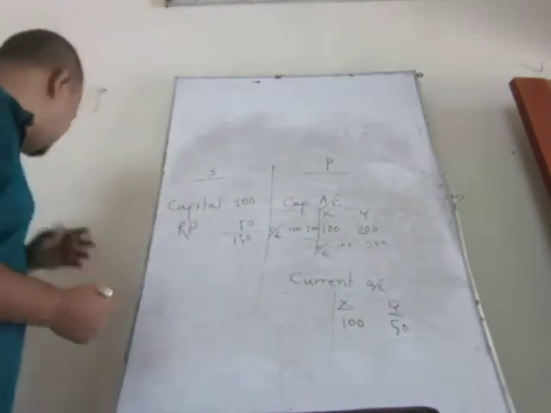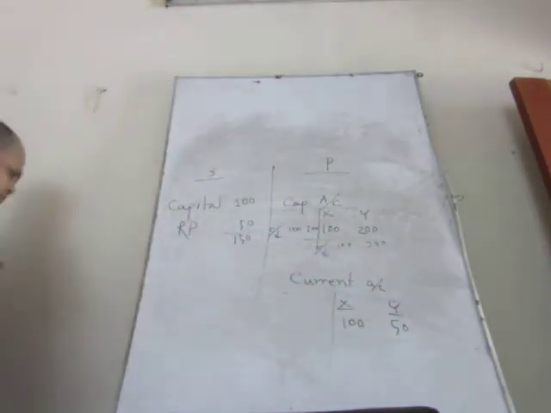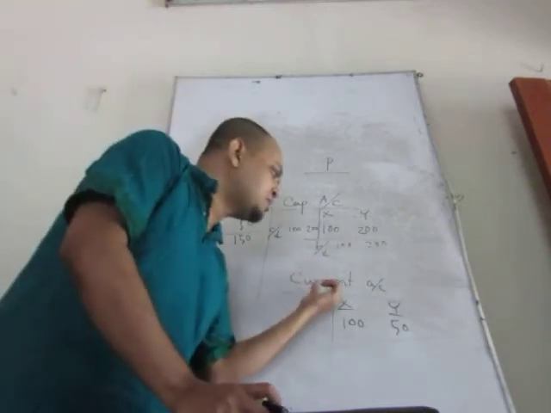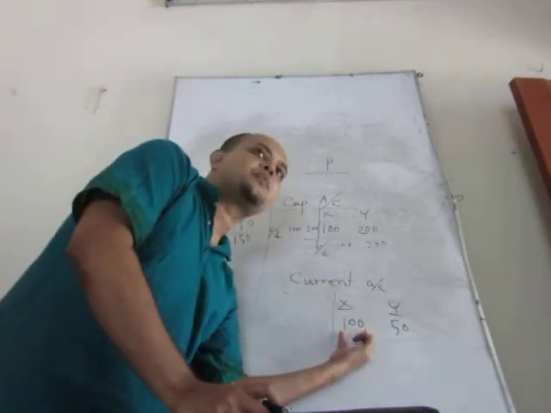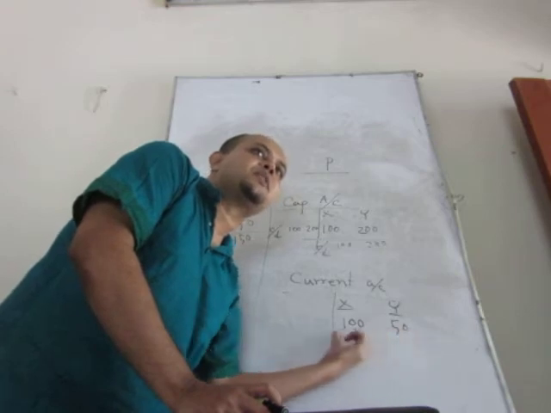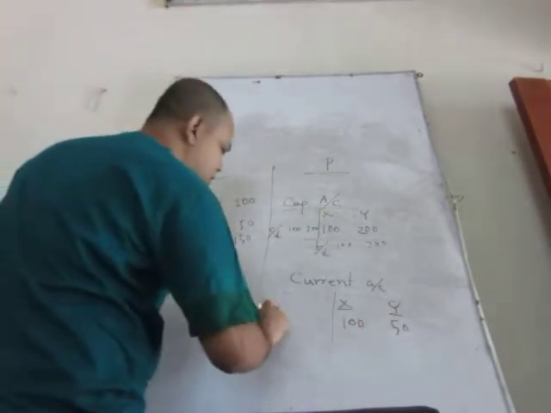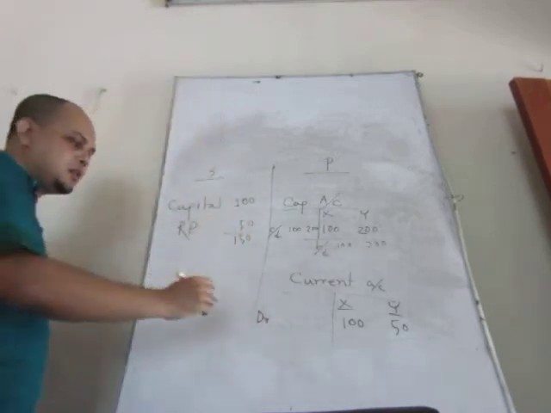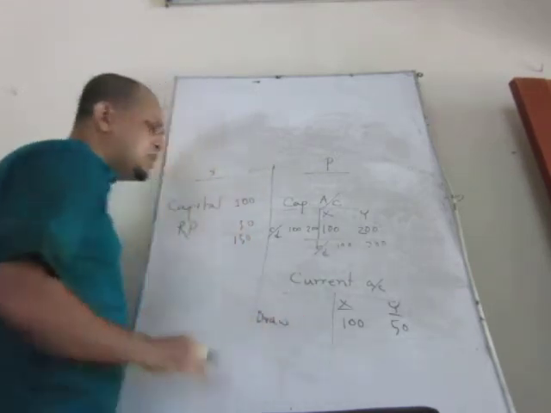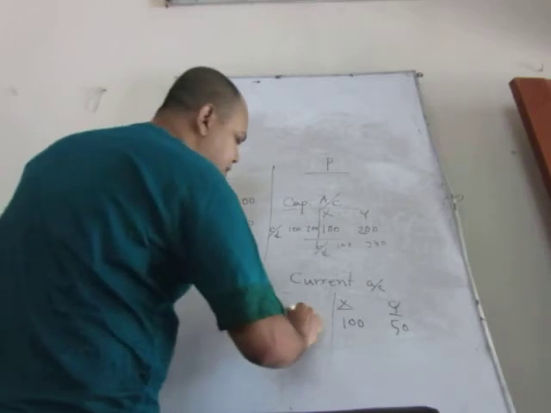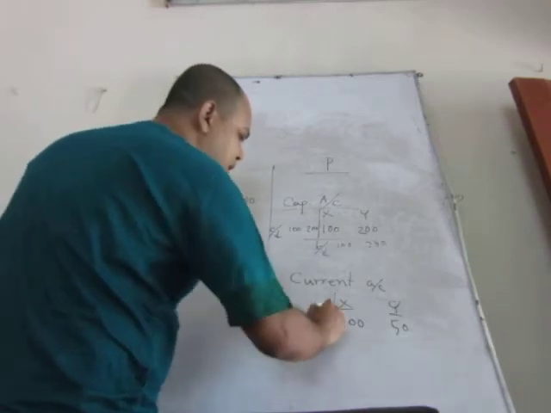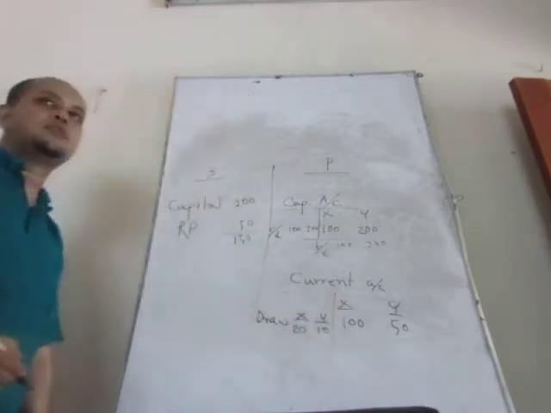So initially the current account represents what portion of total profit is distributed between the partners. And drawings. Suppose within this period, X draws $20 and Y draws $10.